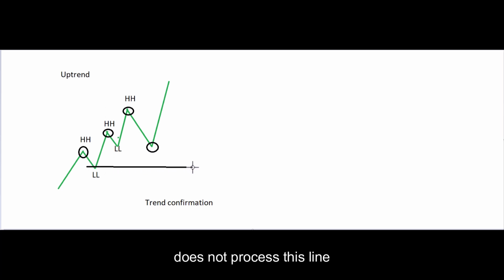But on the third time, as you can see, the market has touched the previous lower low or might have made a new lower low. When this sort of thing happens, you need to understand that the trend might be switching.